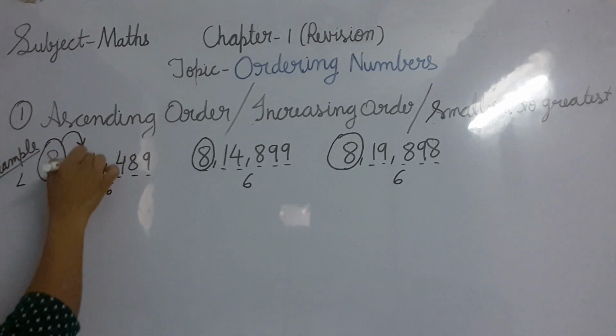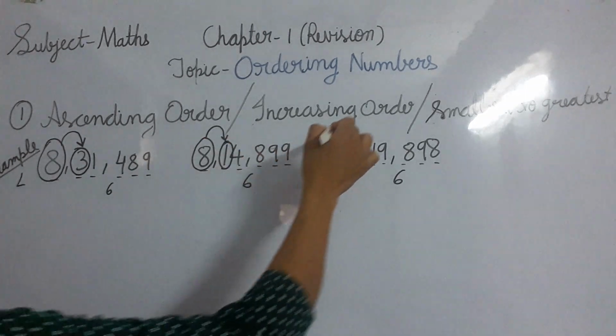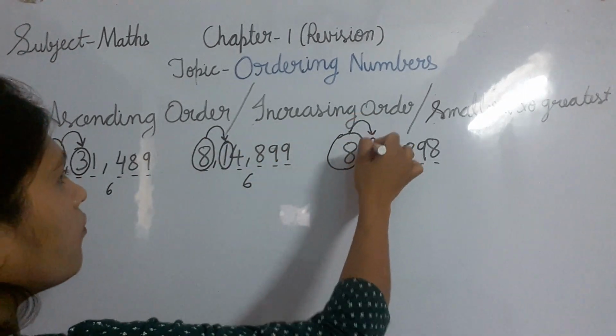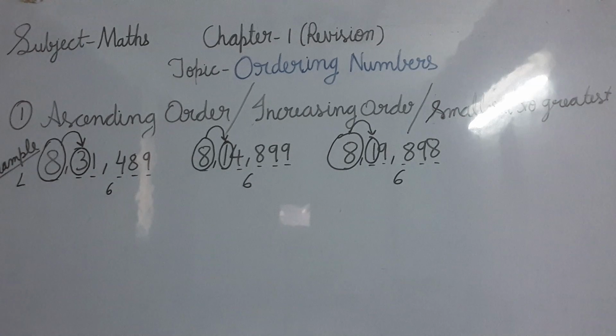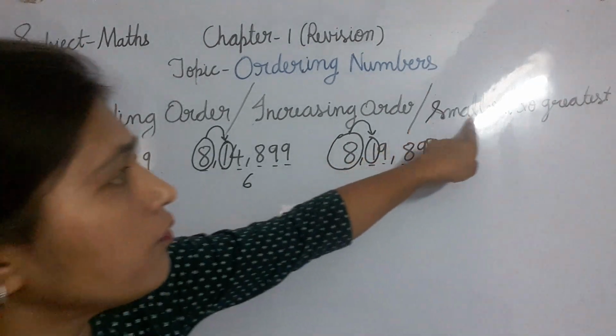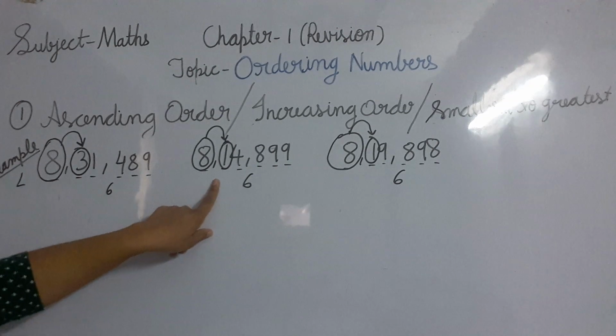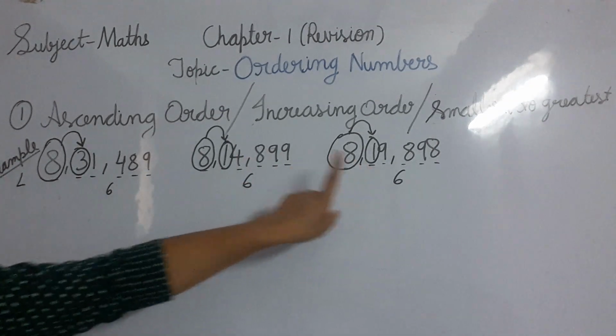Here we have 3. What is the next digit here? 1. And here the next digit is 1. It means we will not take this number because it has the bigger digit 3, and here we have 1 and 1, and we are finding the smallest. So these two are smaller. We have to find which is the smallest, this one or this one.